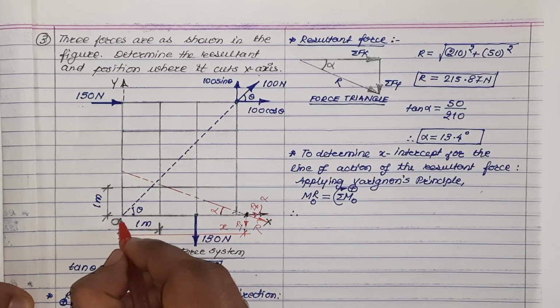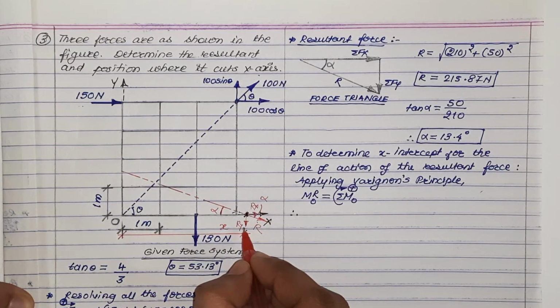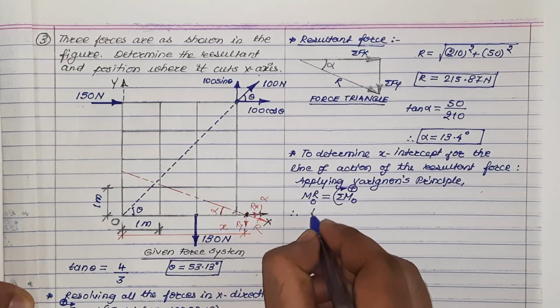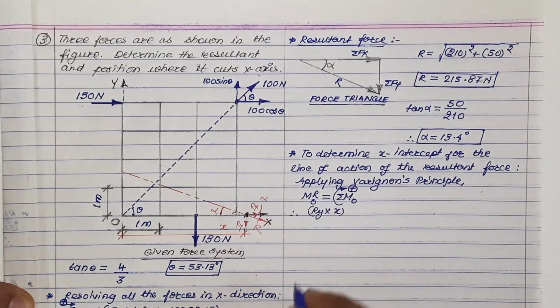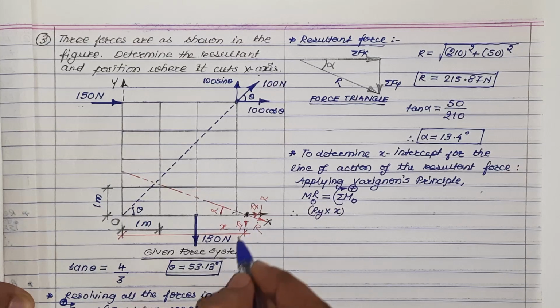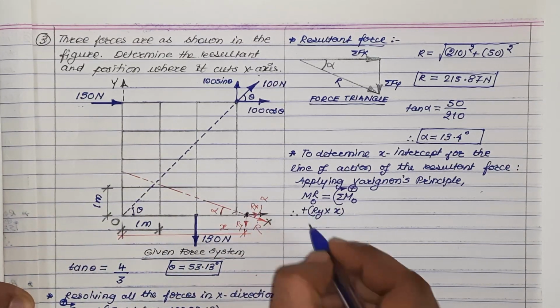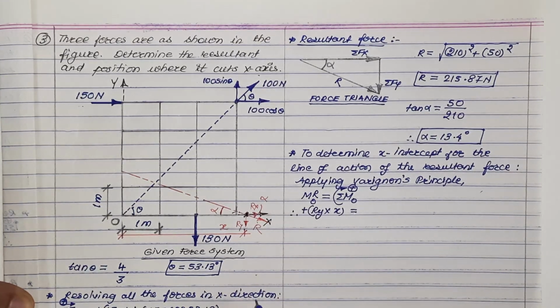Here, about moment center O, only Ry will produce moment. Okay, so we will write down that. It will be Ry multiplied by x-intercept, that is distance x. This moment is going to be a clockwise moment, hence it is going to be positive, which is equal to moment produced by these three forces together.